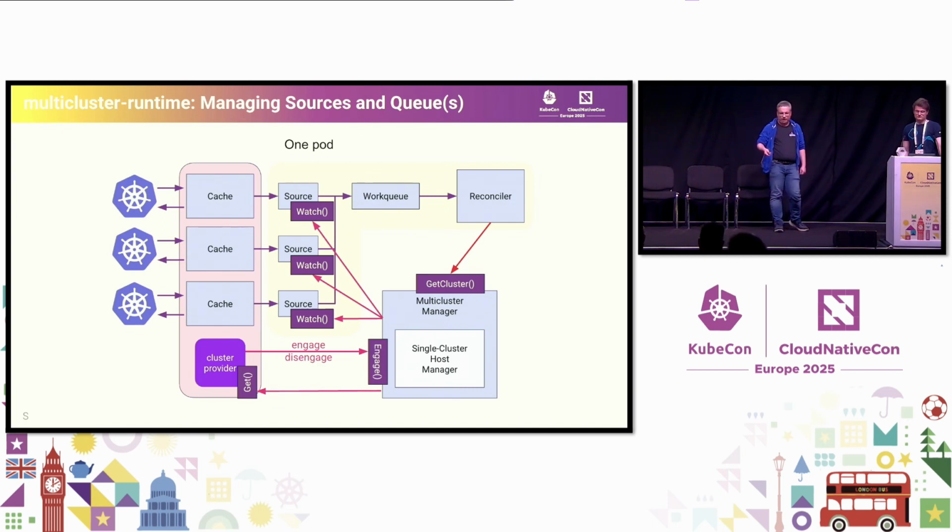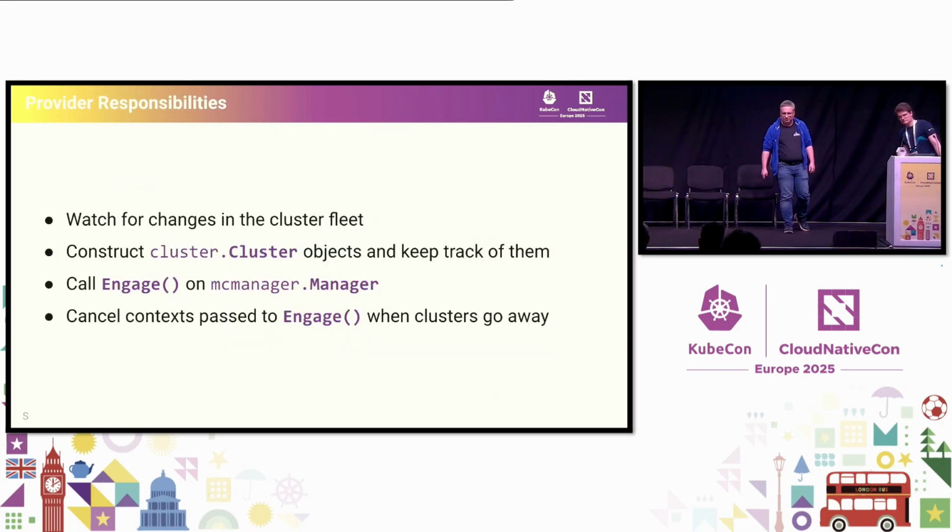And inversely, when a cluster goes away, then the provider has to disengage. Disengage is, at the moment, a context cancel. Maybe we move it into a disengage function, again, for reasons, but basically that's it. That's the whole technique behind the scenes, what provider and managers do in the multi-cluster context.